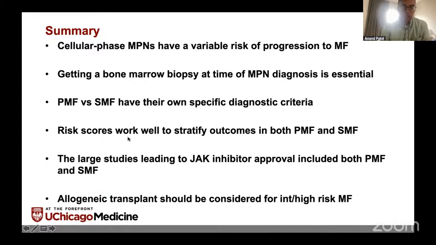Our risk scores work quite well for both primary and secondary myelofibrosis. The four JAK inhibitors that we have available to us have included both primary and secondary myelofibrosis, so they seem to be beneficial in both. And then in general, for intermediate and high risk myelofibrosis, whether that's primary or secondary myelofibrosis, stem cell transplant or allogeneic transplant should be considered or at least discussed.